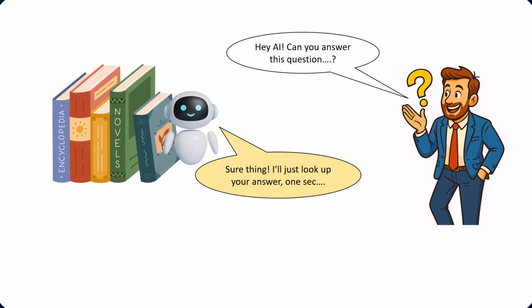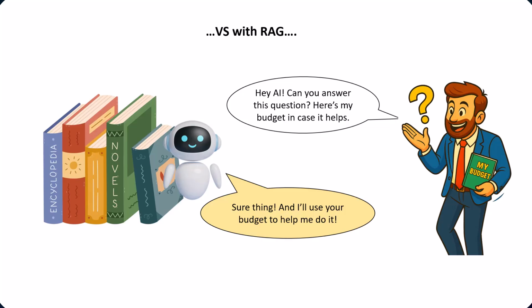But as we saw, that isn't always what we need. Sometimes we need generic information, but sometimes we need specific information too. When we augment our prompt and we provide additional information, as this fellow is actually providing his detailed budget to AI, AI can and will give us a much more relevant and much better response.